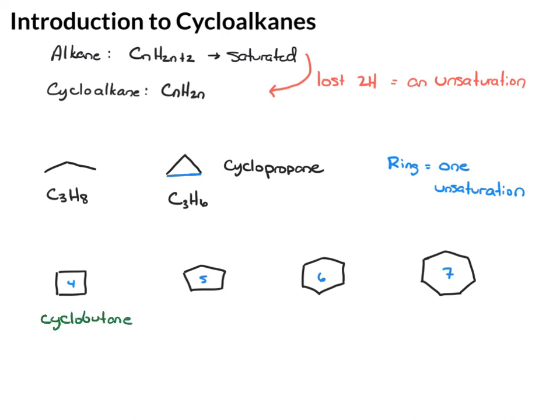So we just append the cyclo in front of the name. 5 carbons is cyclopentane. 6 carbons is cyclohexane. 7 carbons, cycloheptane. And so forth. As you get past 7, the rings do become a little bit harder to draw, just because you have to make sure you have each carbon in the ring.